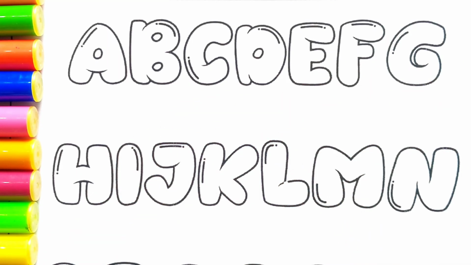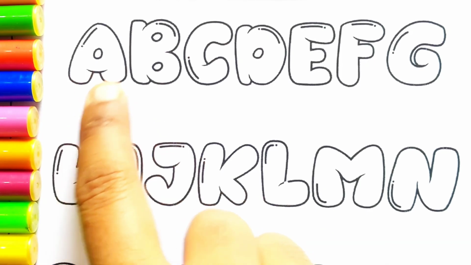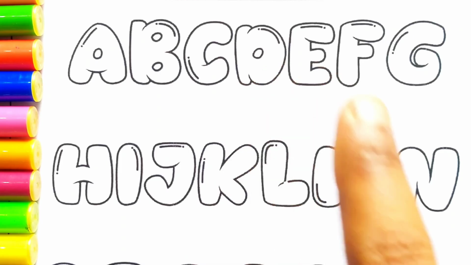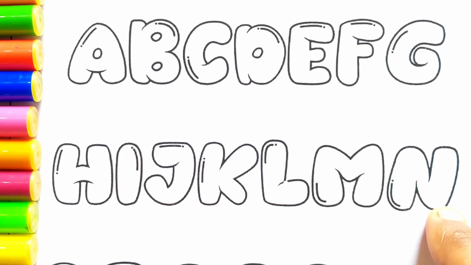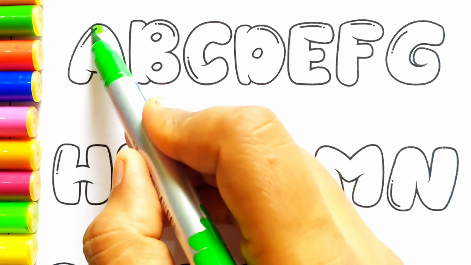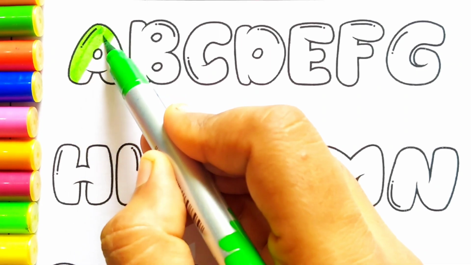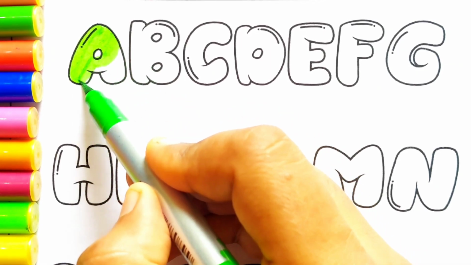Hello. Welcome to Kids Color and Brush. Today we will learn A, B, C, D, A to N alphabet. Let's start the video. A is for astronaut.